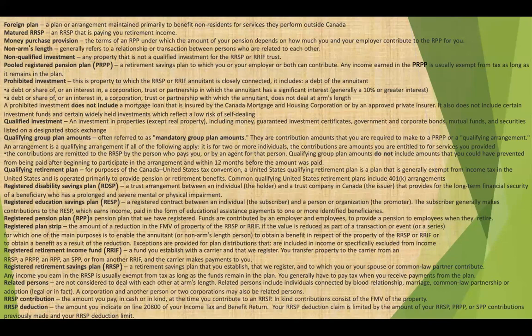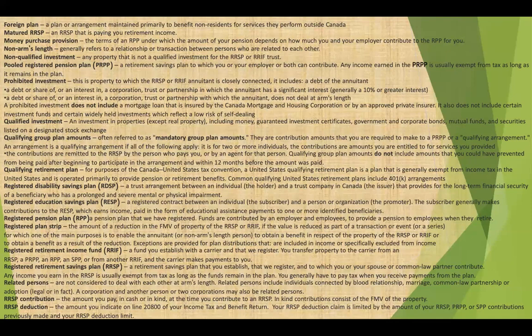Registered pension plan, RPP, is a pension plan that we have registered. The registered plan strips the amount of a reduction in the fair market value of the property of the RRSP or RRIF. The Registered Retirement Income Fund, a fund that is established with a carrier that will register.